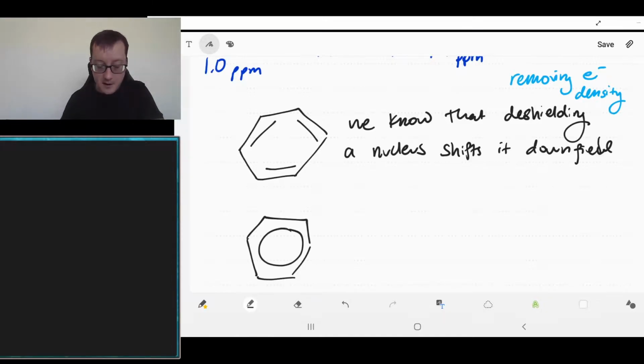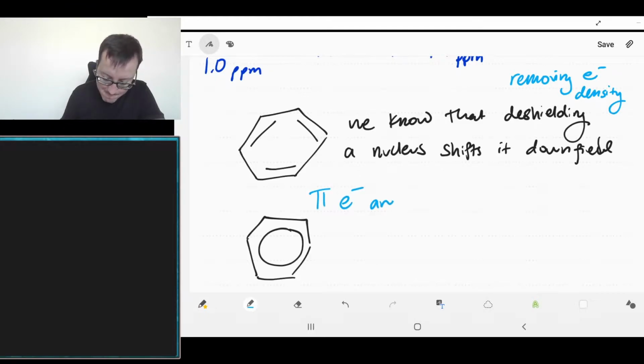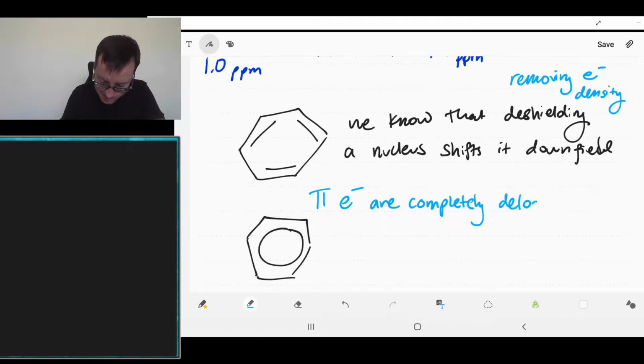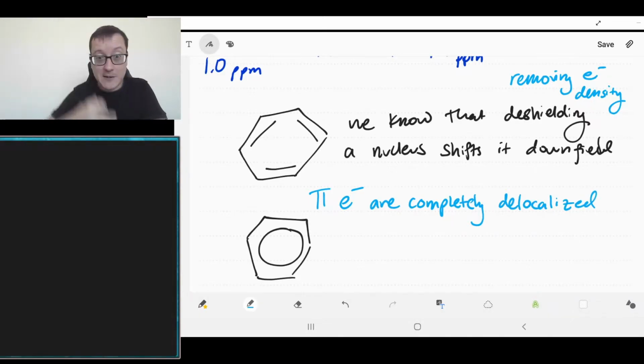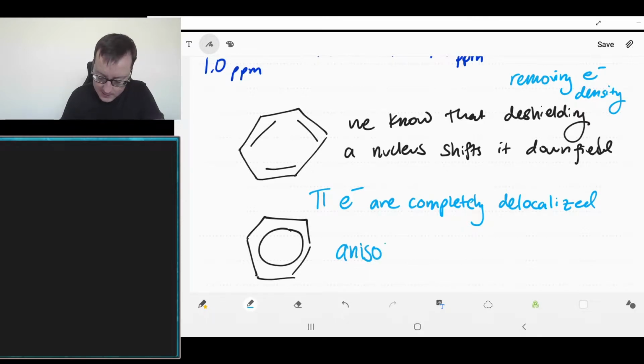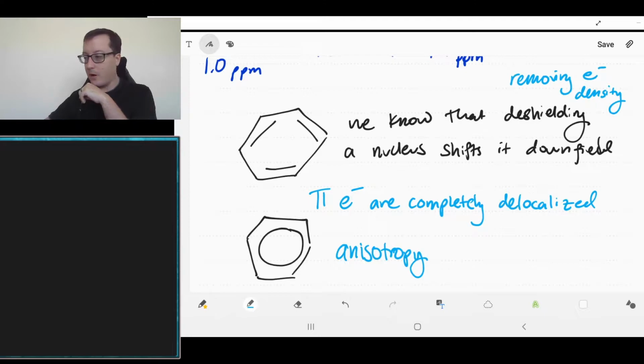We often draw it as the ring, right? These electrons, they're completely delocalized. And as a result, because at any given time we may not have any electron density at a particular site, this is called anisotropy, that we have these pi effects happening. When we have these pi bonds moving around like this, we have this phenomenon of anisotropy.